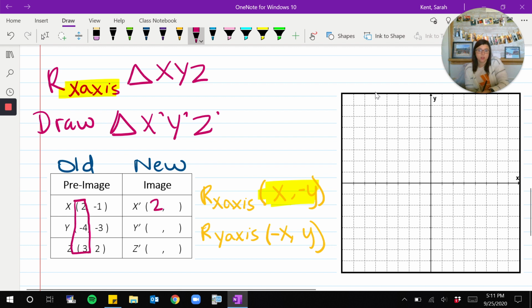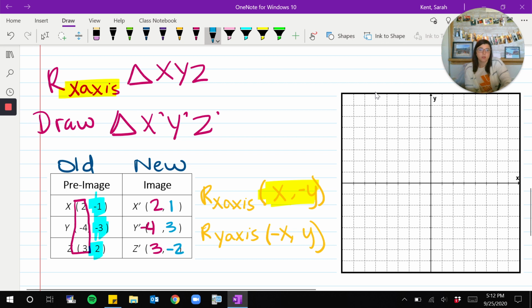So I still want positive 2, I still want negative 4, and I still want positive 3. But for my y's, I want the opposite. So if this is a negative 1, now I want a positive 1. If this is a negative 3, now I want a positive 3. This is a positive 2, now I want a negative 2.